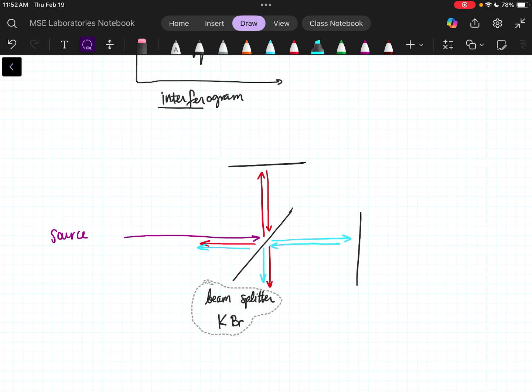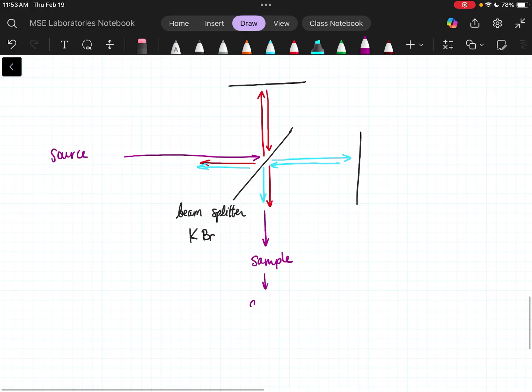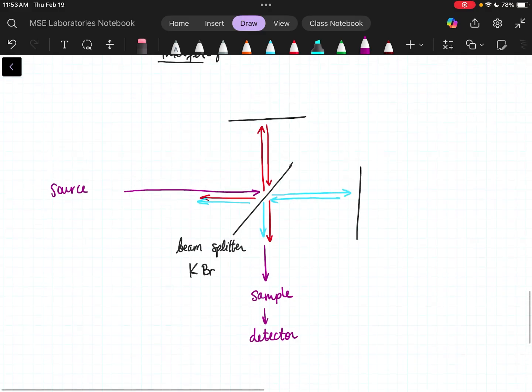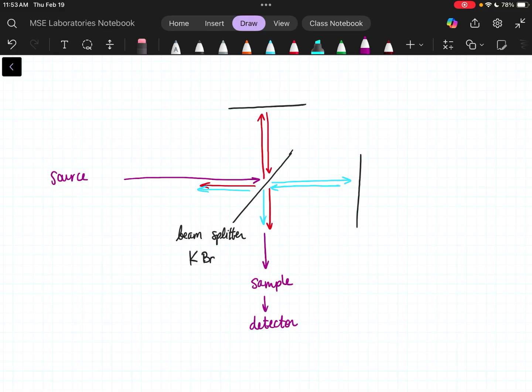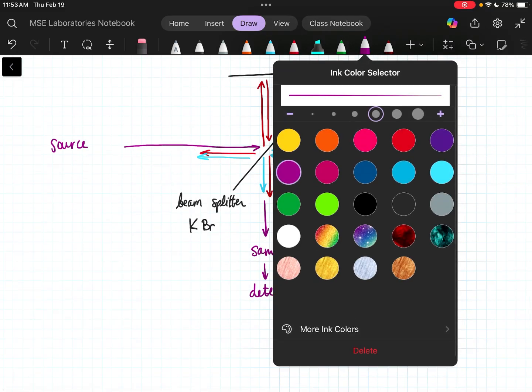When it bounces off of that mirror in its path, some is going to bounce down and some is going to pass through. This then recombines and goes into the sample, and then the detector.